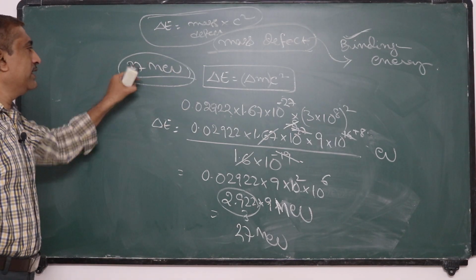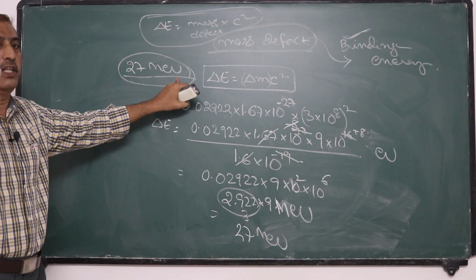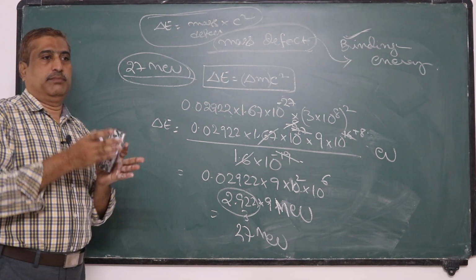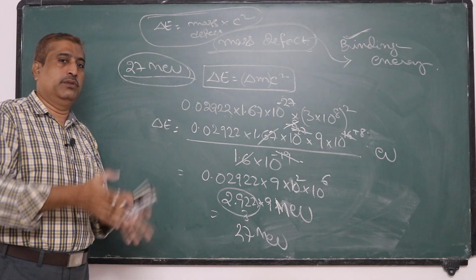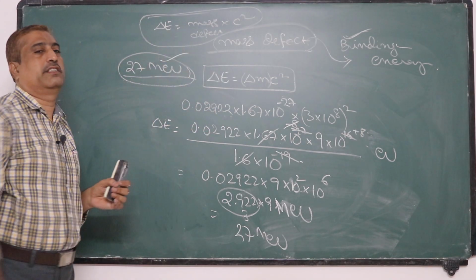If we supply this much, 27 million electron volts, then we can split the nucleus of helium. Similarly, if these 4 nucleons, 2 protons and 2 neutrons, combine to form a helium nucleus, this much energy is released.